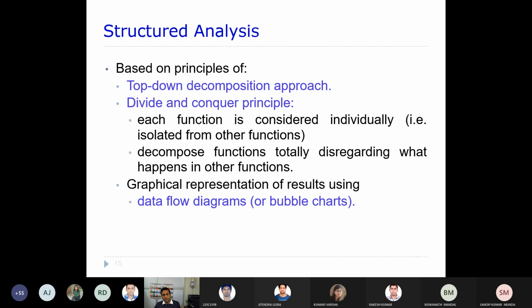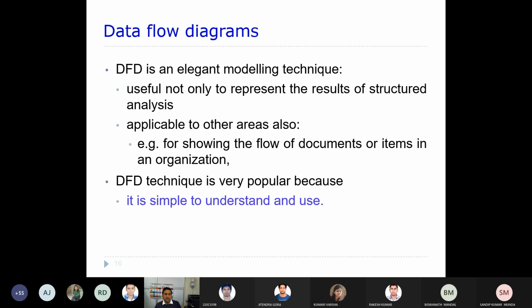Here we see that the decomposition is represented using a data flow diagram, or sometimes we call that diagram a bubble chart. As part of the data flow diagram, we try to show the flow of data items or documents within a particular organization.